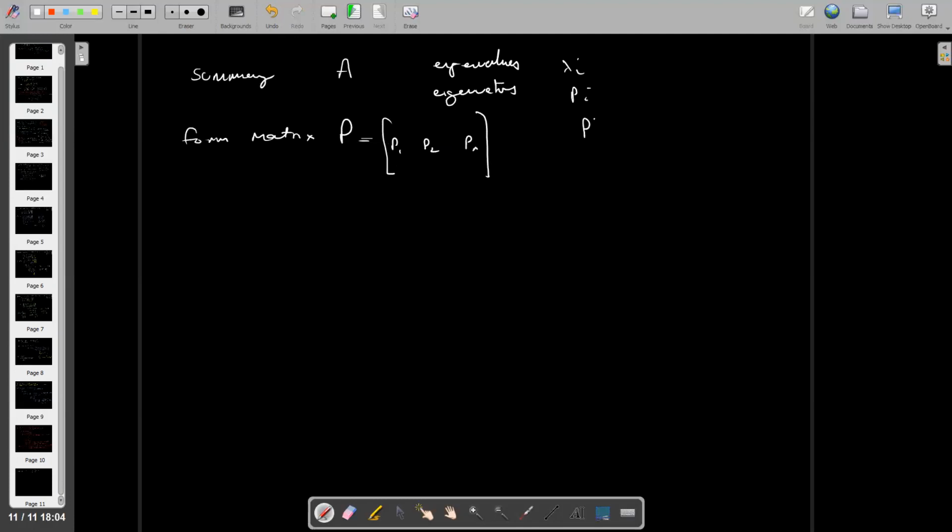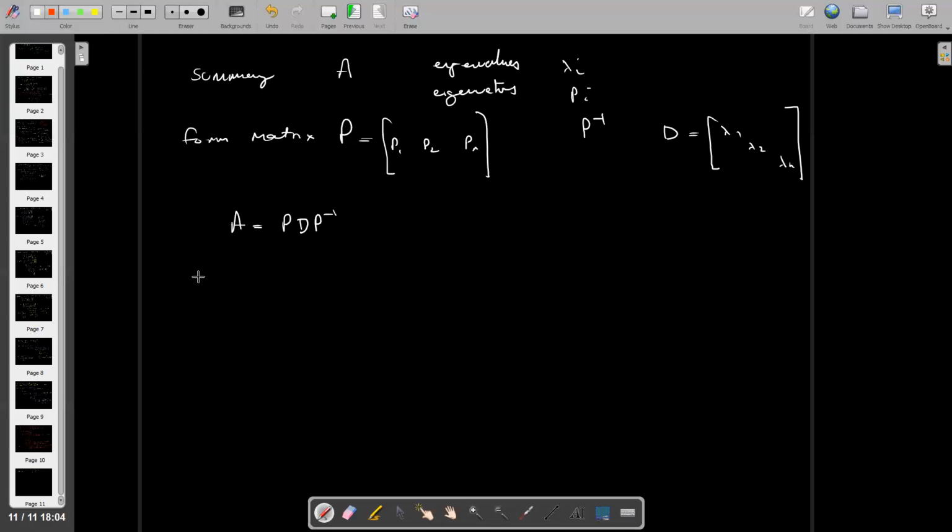We can form P inverse, and so A is going to be equal to P D P inverse, where D is the matrix of the eigenvalues, lambda 1, lambda 2, up to lambda n.